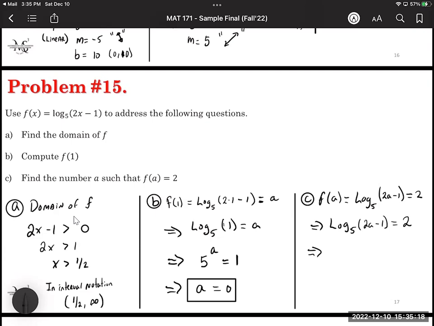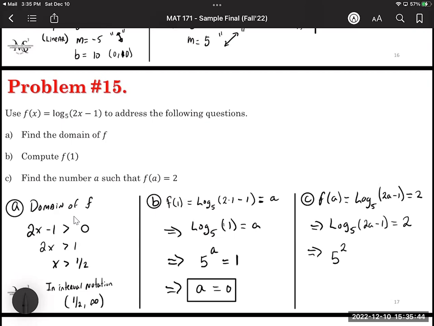First, start with your base. What would be my base? 5. That's right. Base is 5. What is the exponent? 2.